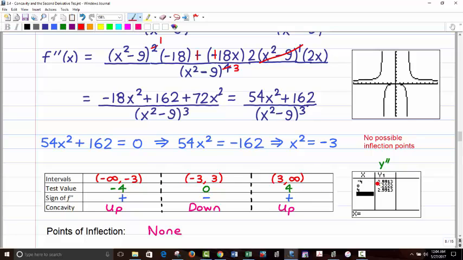Test values, and you see over here, plus, minus, plus. So it's concave up, down, and up. But the dashed lines tell me that those are not inflection points. You don't have to have the dashed line there, but I like to do that for my own benefit.